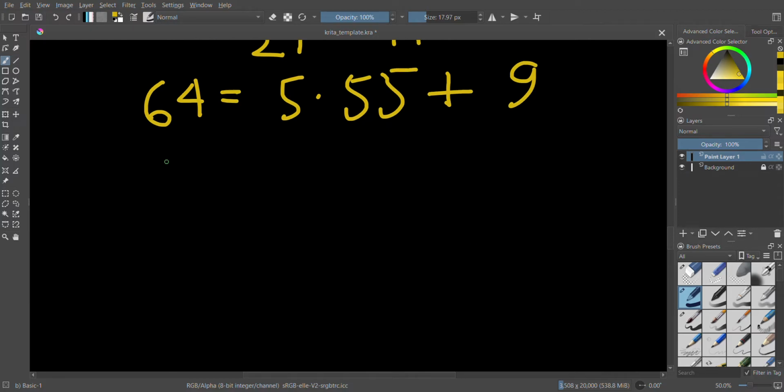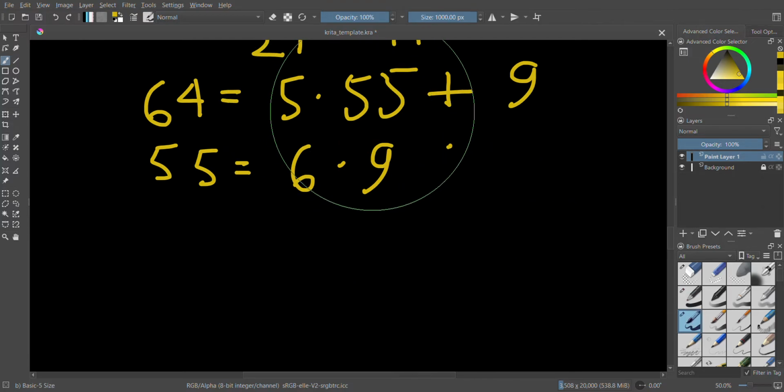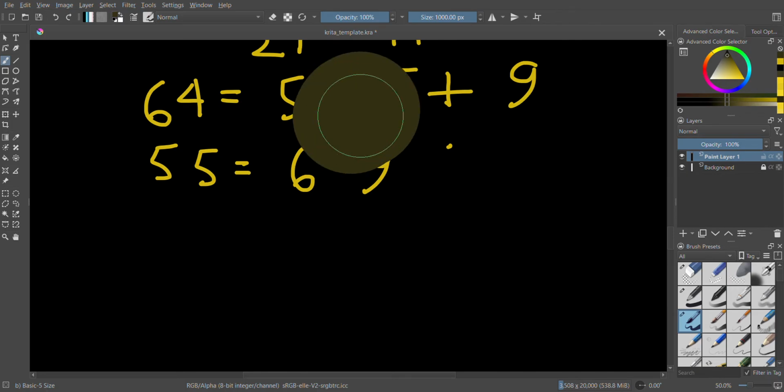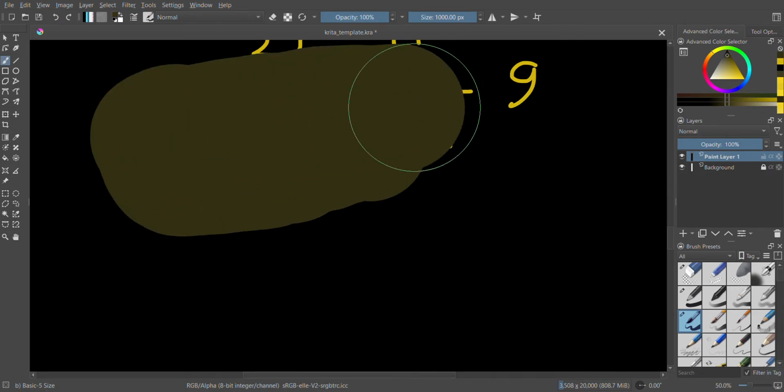And then 55 is equal to 6, right? Oh, I see, I have made this mistake before. There we go. That's what happens when we don't pay attention. Let's erase all this and start over.